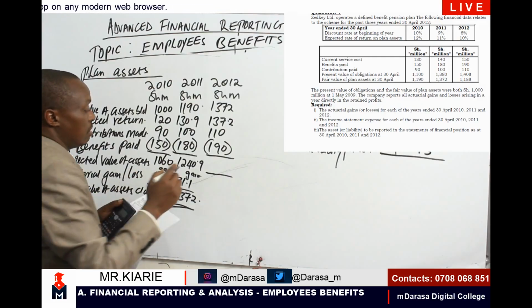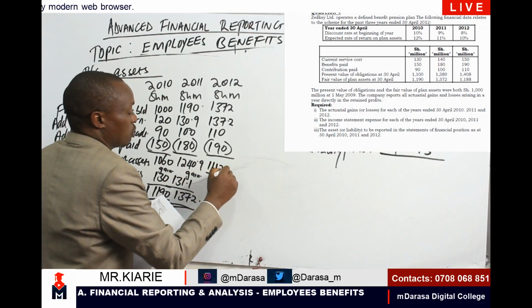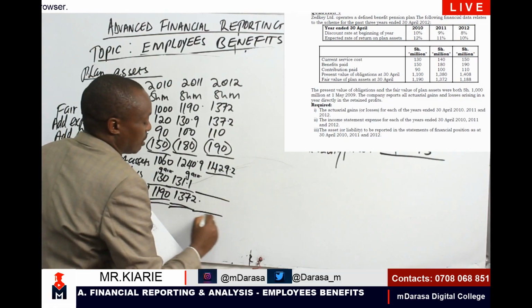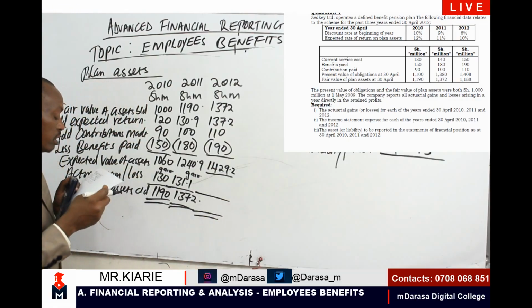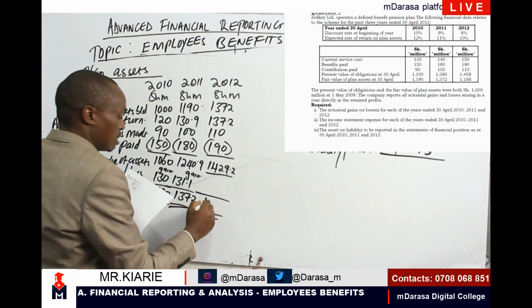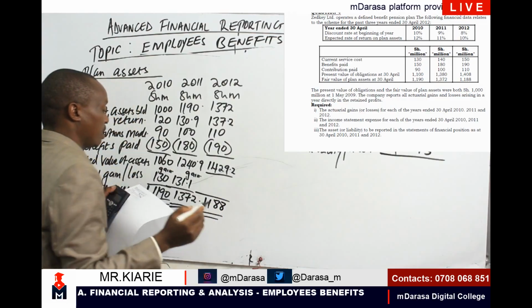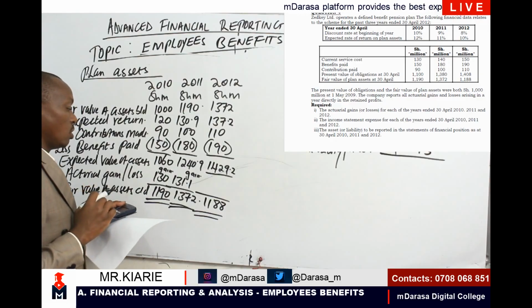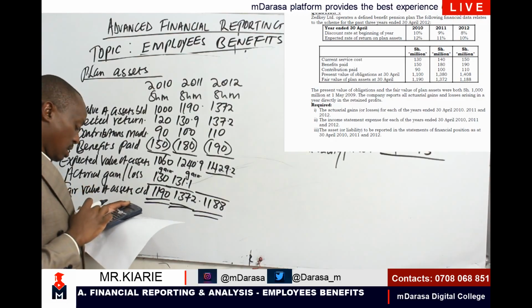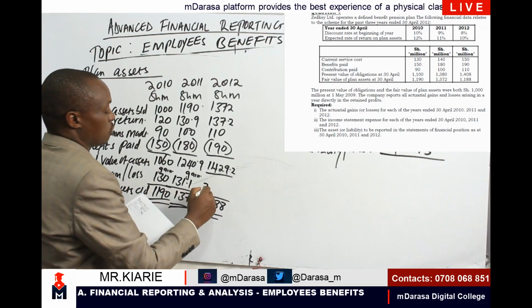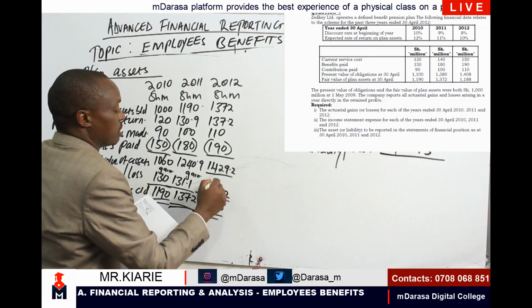I get 1429.2. And I know that the fair value of plan assets carried down in 2012 was 1188. And therefore, our resultant actuarial loss was 241.2, which is a loss.